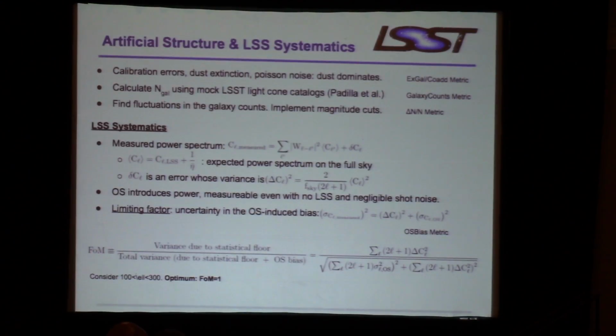Also, because the power spectrum is a signal, there is an inherent statistical uncertainty associated with it. So our figure of merit is to reduce the uncertainty because of the observing strategy bias. We construct the figure of merit as the ratio of what would be the perfect information to the one with the OS bias itself. And ideally, we want it to be as close to 1 as possible.